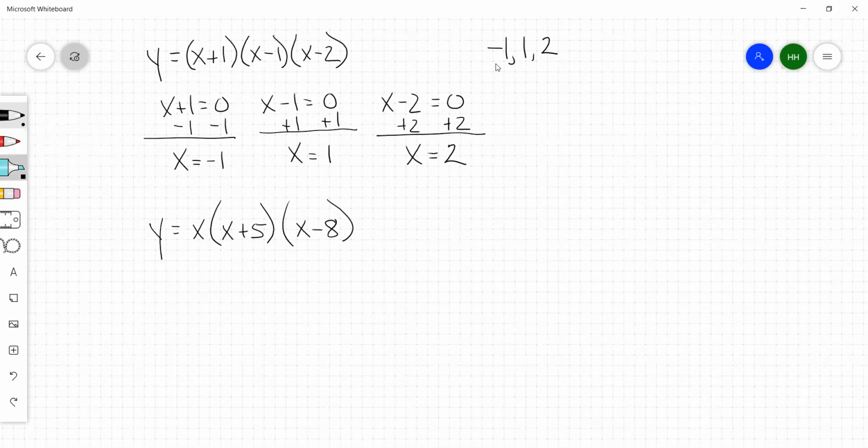Please be careful when this x is sitting out here by itself, because that x is a factor. So when you set each factor equal to 0, you got to set x equal to 0. It's that one. You got to set your x plus 5 equal to 0, and your x minus 8 equal to 0.